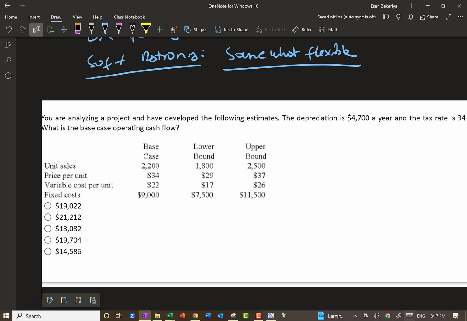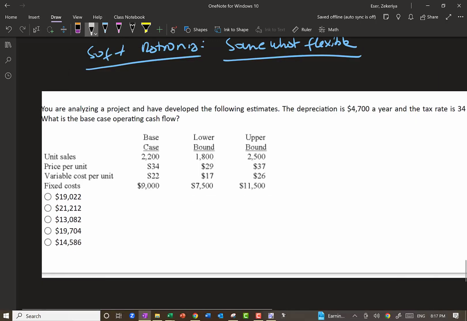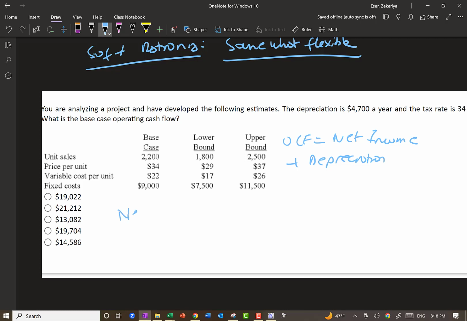Remember, OCF, you can see it, right? Net income plus depreciation. We're already given the depreciation, so we just need net income. In the base case, net income, what's the sales amount?